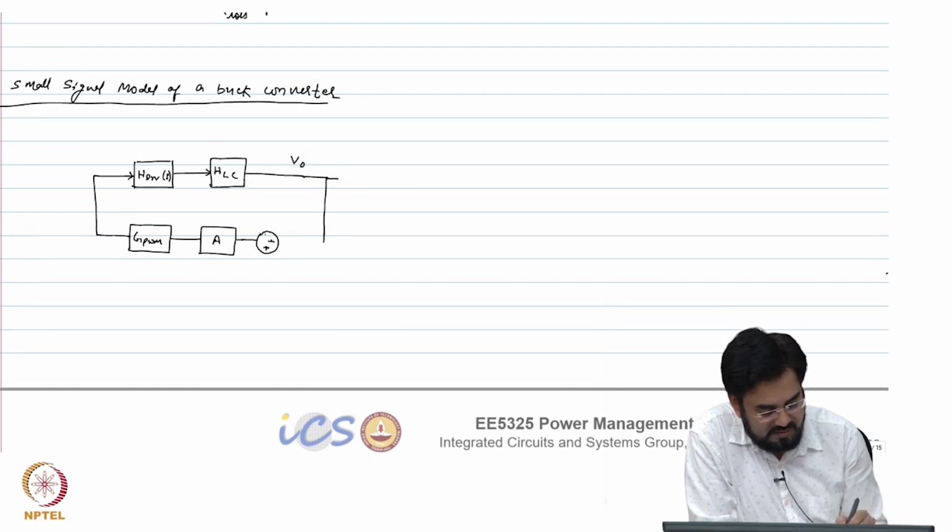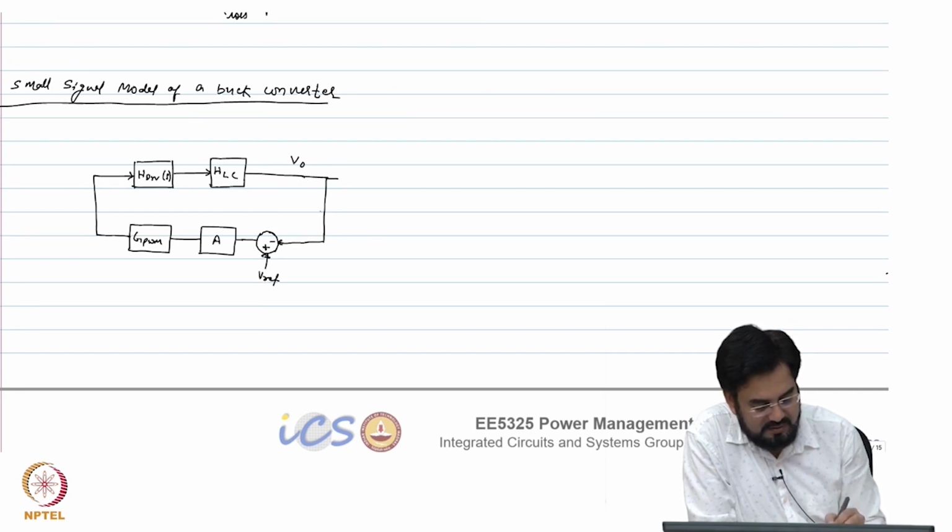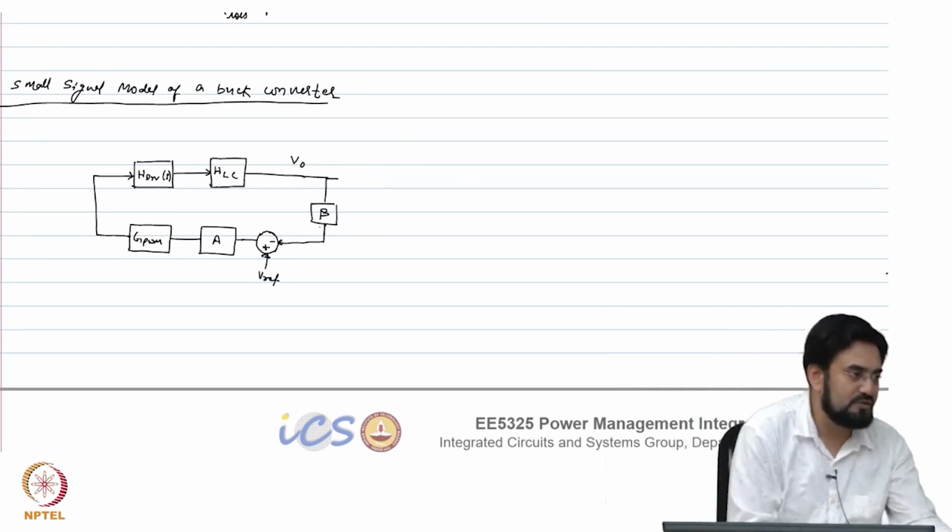Minus plus, so this was Vref, and you had a beta factor here. Okay, this is the complete closed loop.